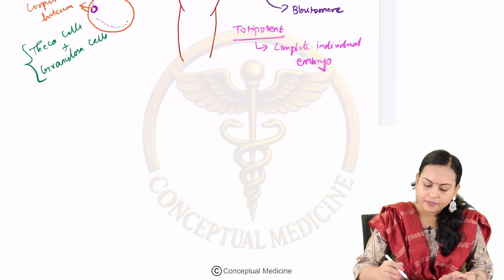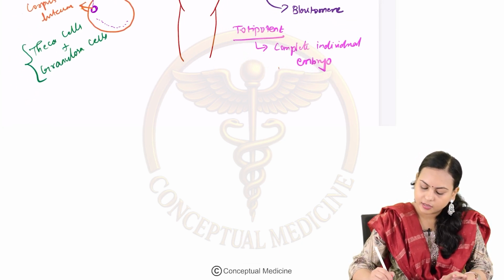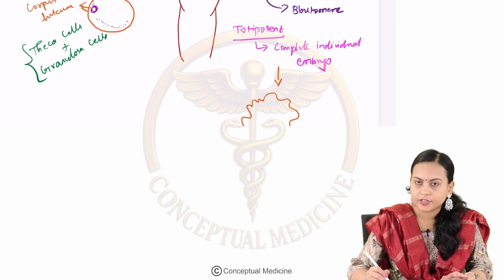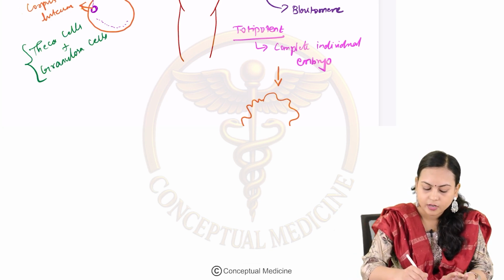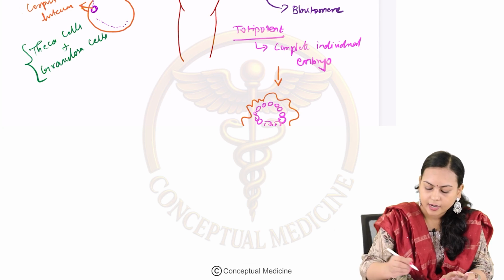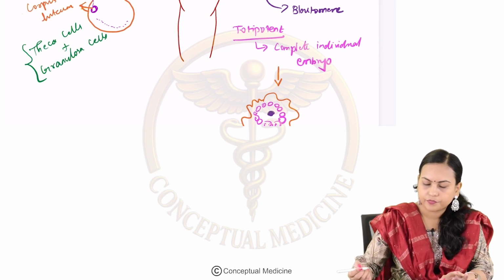After this, the trophoblast differentiates into an outer layer of syncytiotrophoblast and an inner layer of cytotrophoblast, and imagine this is the embryo.